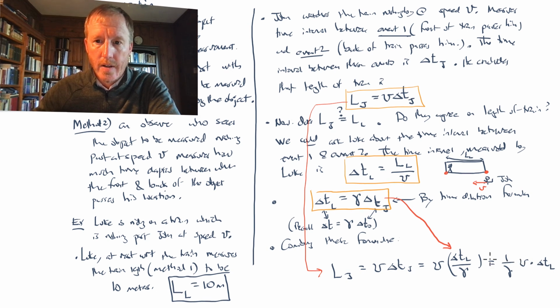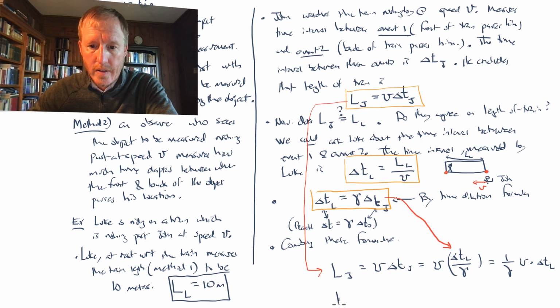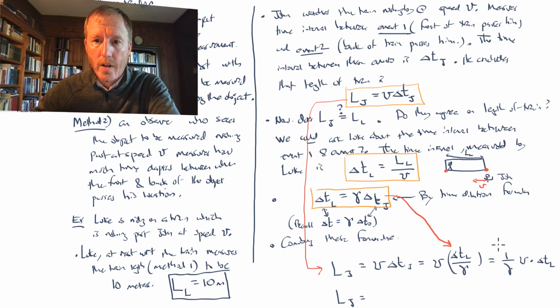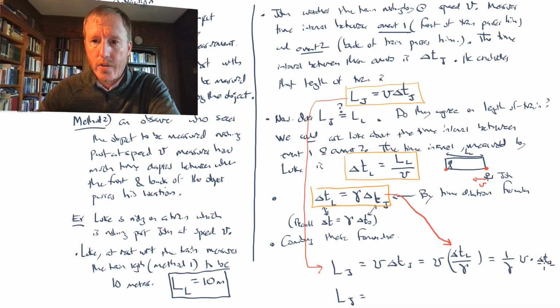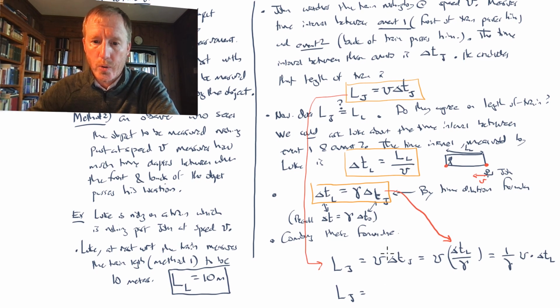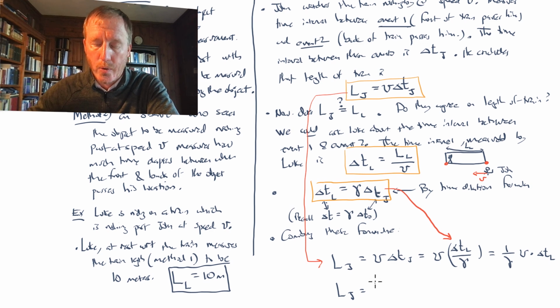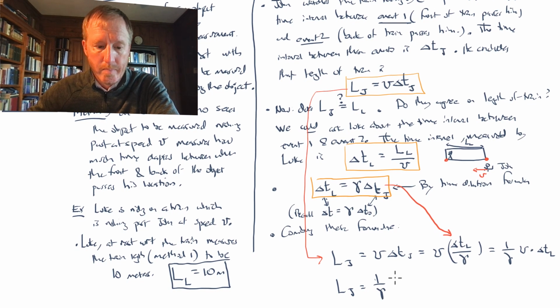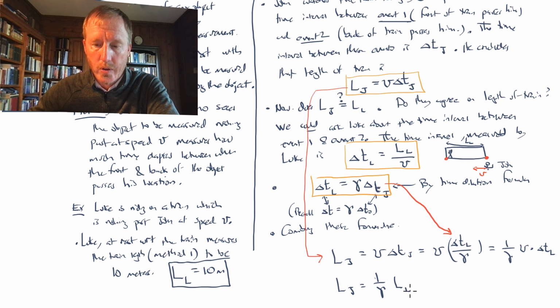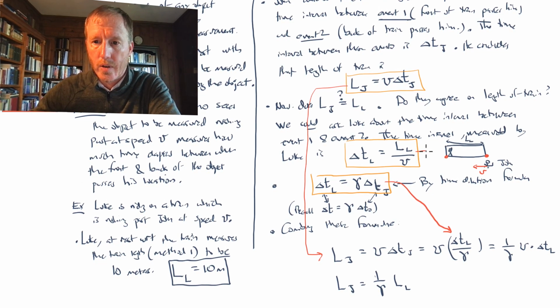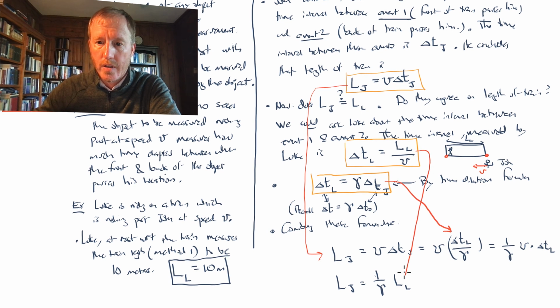And now I have the length according to John is equal to what? Well, the velocity times delta t according to Luke is just equal to the length according to Luke. So that's equal to 1 over gamma times the length according to Luke, using this third formula right here.